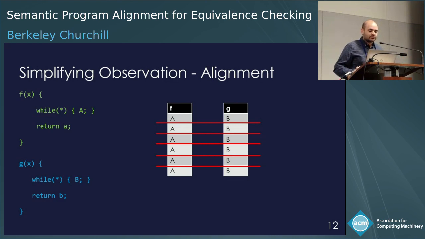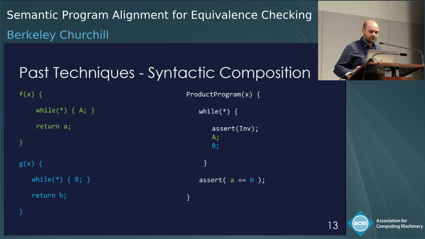So you can come up with a candidate invariant, which you can then use to facilitate an inductive proof of equivalence. It looks like so. You create a product program, and then instead of the loop, you are executing the basic blocks from both of the original programs. On each iteration, you assert that some invariant holds, and then doing a proof of equivalence can be quite straightforward depending on the situation.